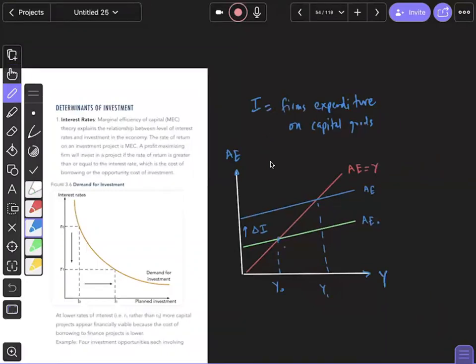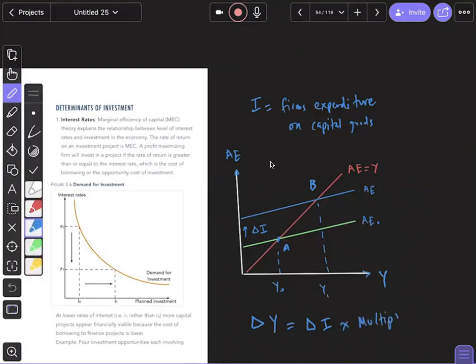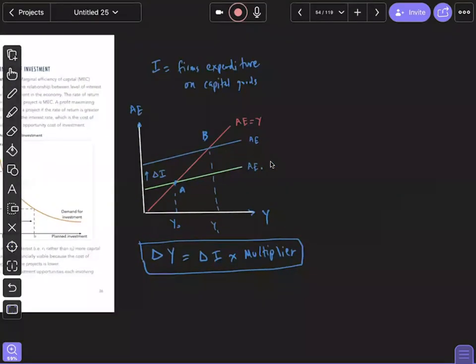What we're saying is that the change in Y will be equal to the change in I, which is how much your AE is going up by, times your multiplier. The multiplier helps investment have a larger effect.